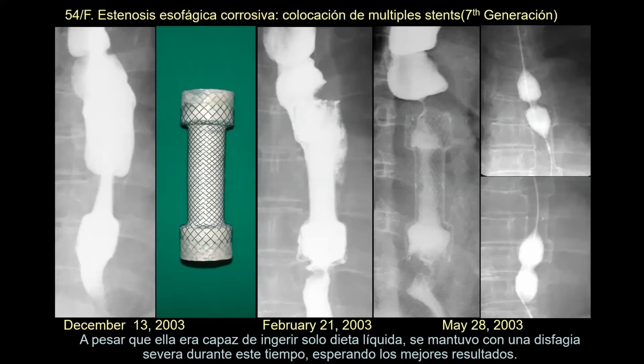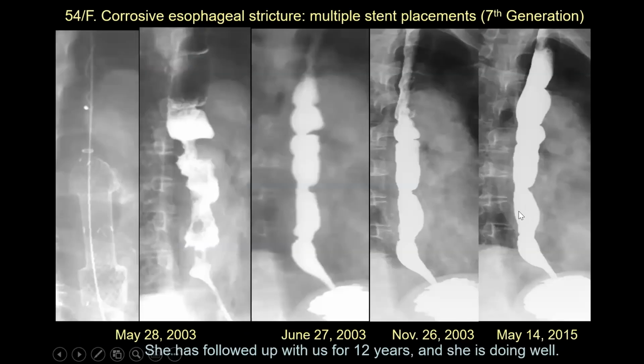I remember that Dr. Andrea Alfaro asked the question, what do you do for the patient with new strictures above and below the stent. This is an example. For this patient with new strictures above and below the stent, we perform the balloon dilation, and then we remove the stent.